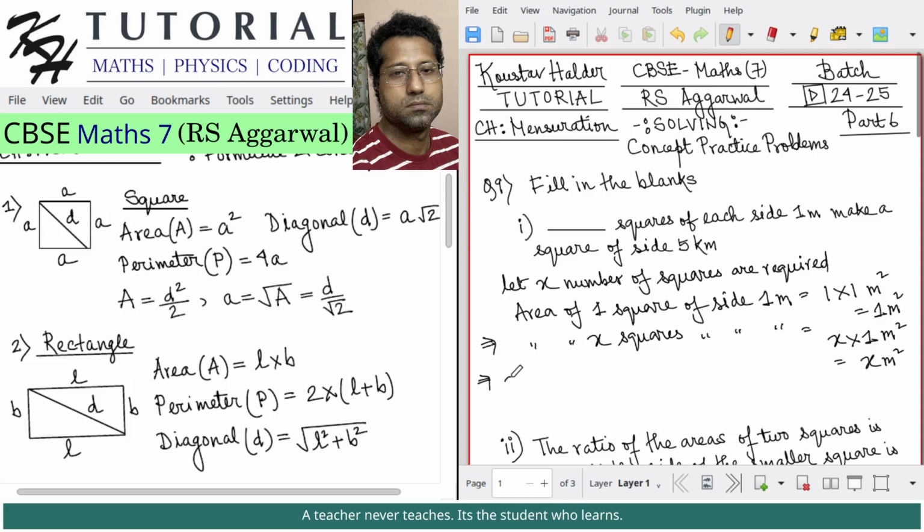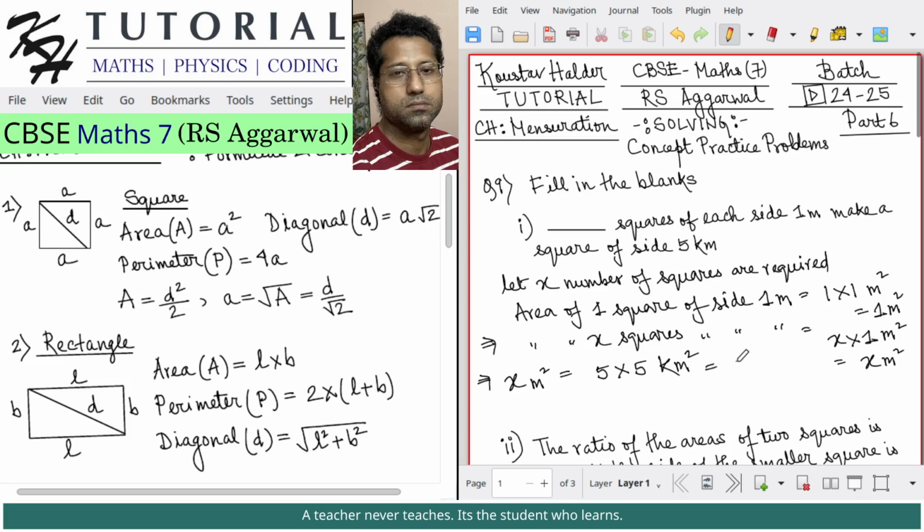So now we must have x meter square equal to the area of the square of side 5 kilometer. It will be 5 multiplied by 5, but remember this is kilometer square. Since on the left hand side we have the unit as meter square, we have to convert the unit of the right hand side area from kilometer square to meter square.